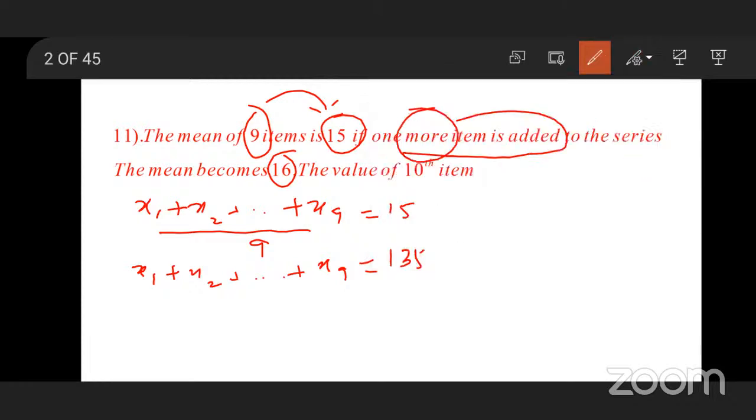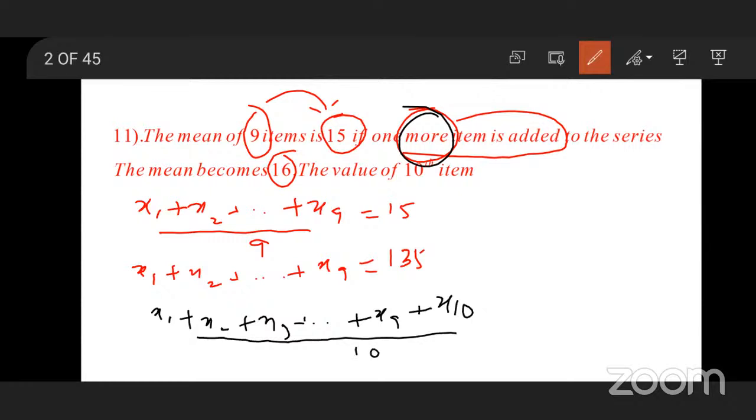Now one more item is added. That means X1 plus X2 plus X3 plus so on up to X9 is already there, and now we add one more item, X10. The number of items is now 10, and that is equal to 16.